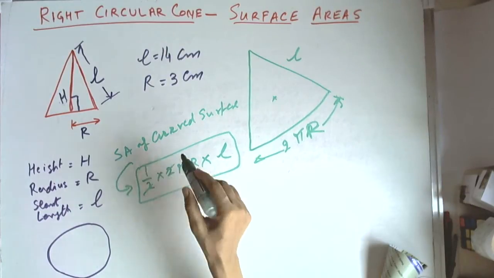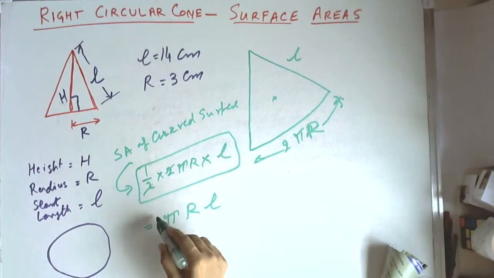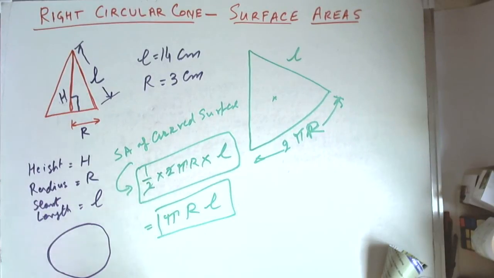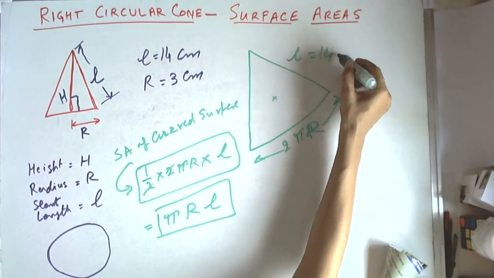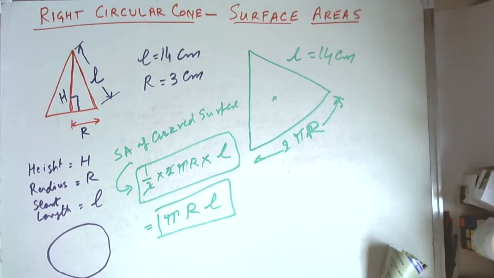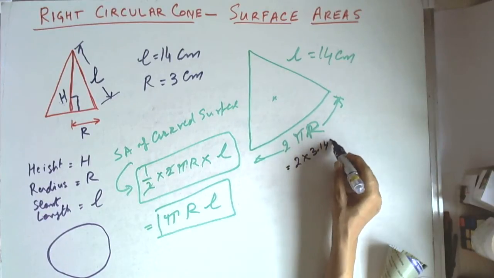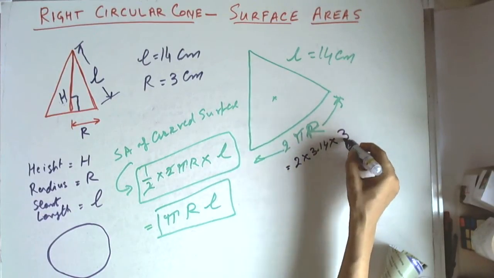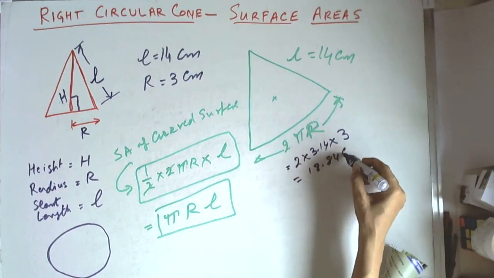Now the 2 and 2 will cancel, and therefore this is equal to pi r L. So in our case, if L was 14 centimeter and the radius is 3 centimeter, then 2 pi r will be equal to 2 into 3.14 into 3, which will translate into 18.84 centimeter.